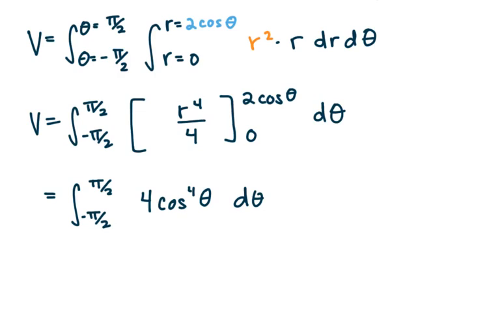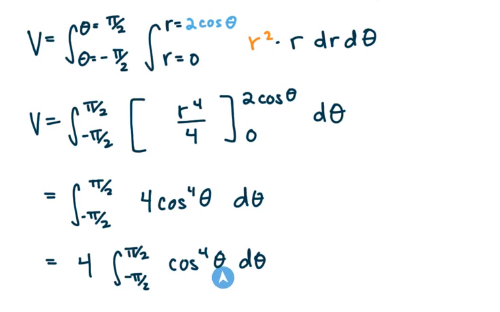So from here, that 4 can go in front, and I would need to integrate from negative pi over 2 to pi over 2 cosine to the 4th theta d theta. At this point, I don't want to have to write negative pi over 2 to positive pi over 2.